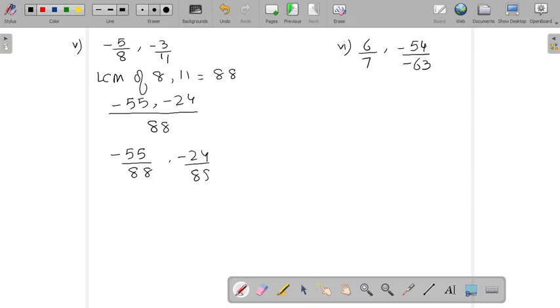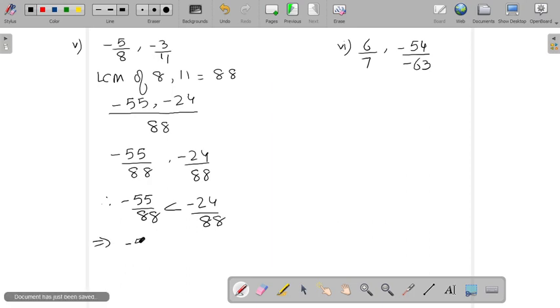Now observe which one is greater. So this part is greater. Therefore minus 55 upon 88 is less than minus 24 upon 88. So this means minus 5 by 8 is less than minus 3 by 11.